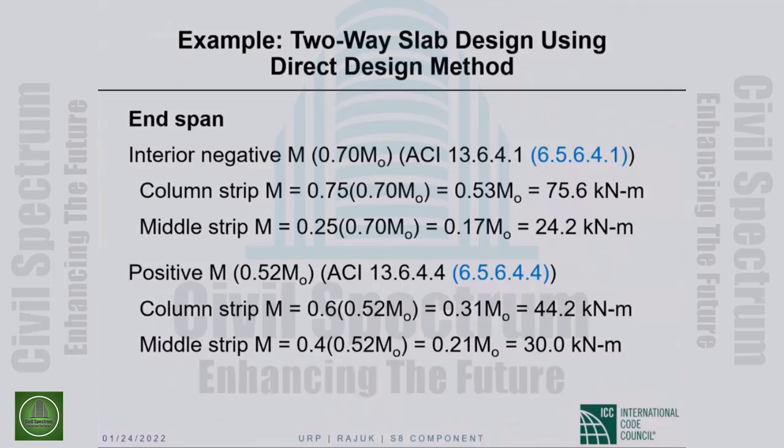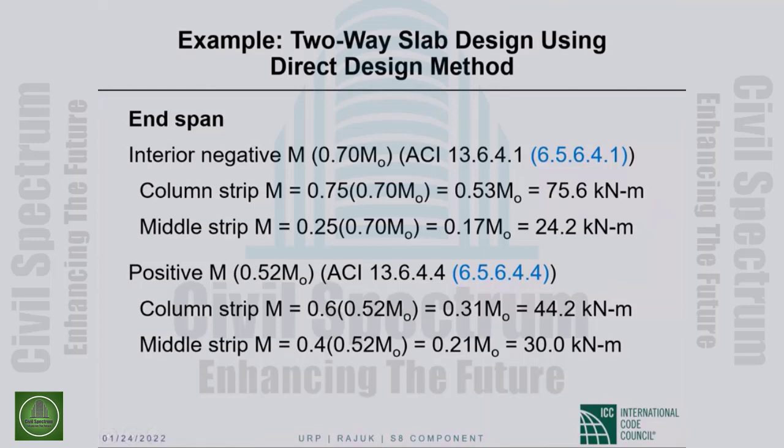We now have 3 sections to consider, not just 2. Interior negative moment is 70% of M sub 0. 75% goes to the column strip, 25% to the middle strip. The column strip moment comes to 75.6, the middle strip moment to 24.2.